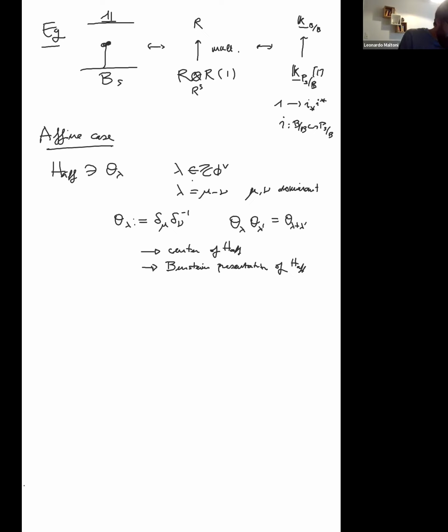So our goal is to categorify these objects. So the question is how we categorify the theta lambdas, and more generally, the delta W. And then how do we study the category that corresponds to this subalgebra?